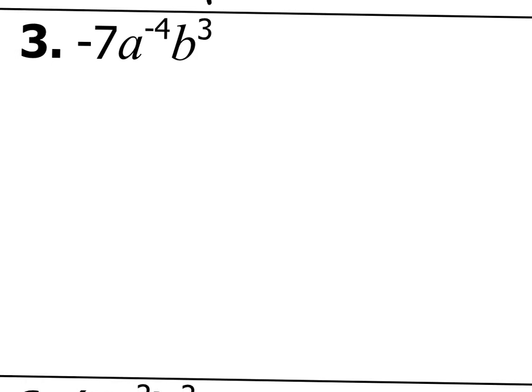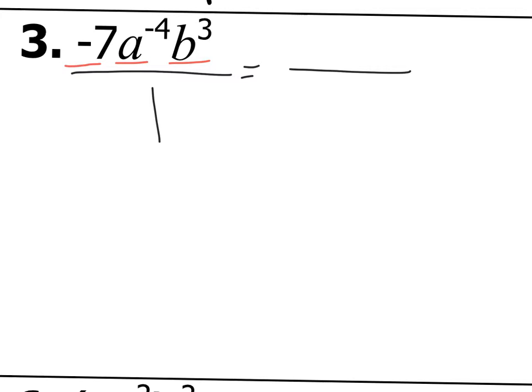Right, let's look at a third example here. So I have negative 7, a to the power of negative 4, b to the power of positive 3. So I have 3 separate parts here I want to look at. Which one of those 3 are going to flip or move to the bottom?